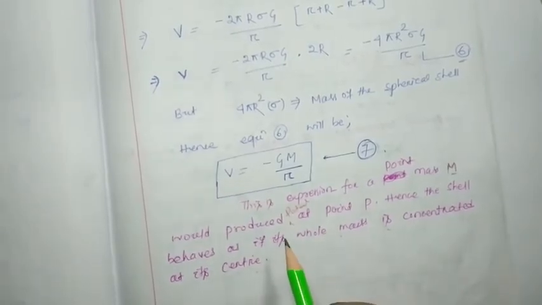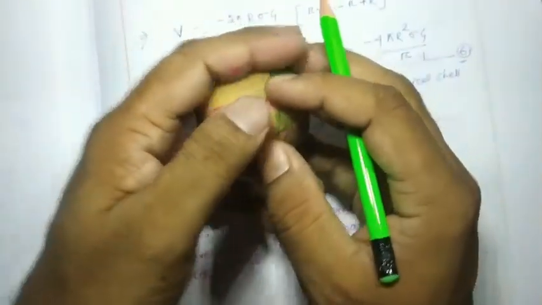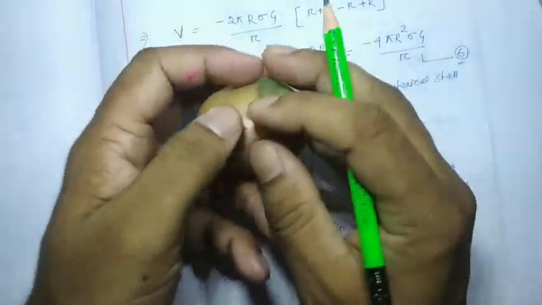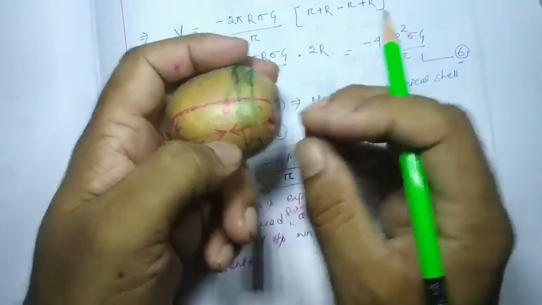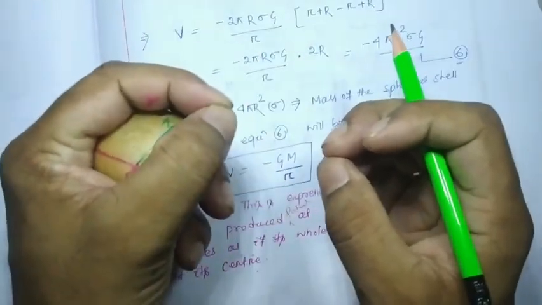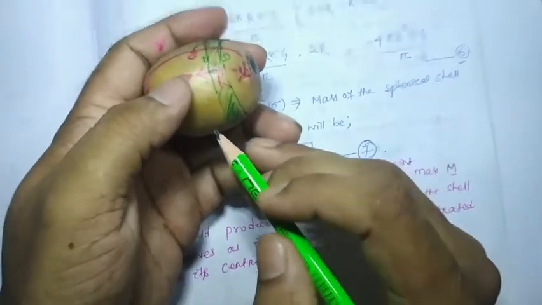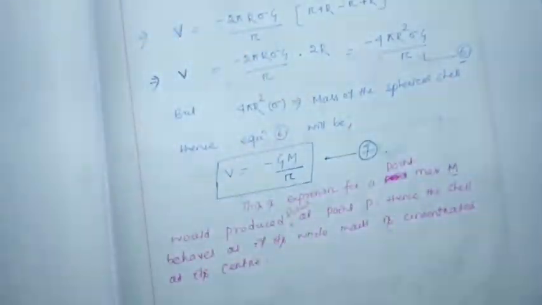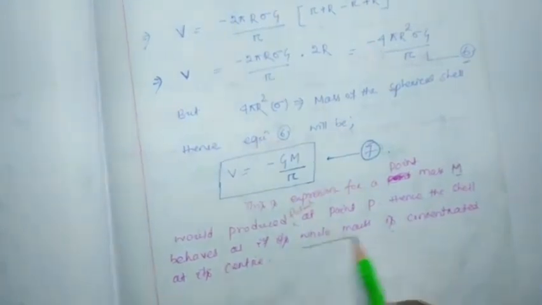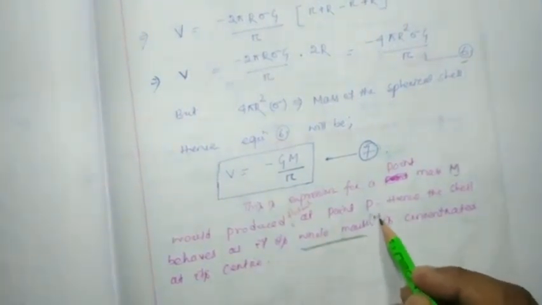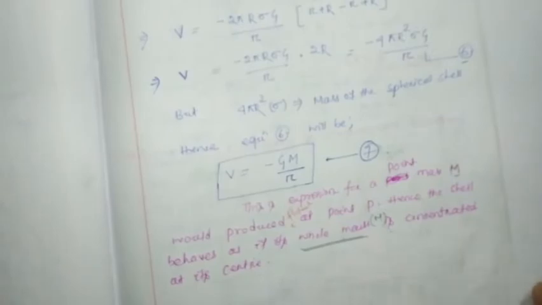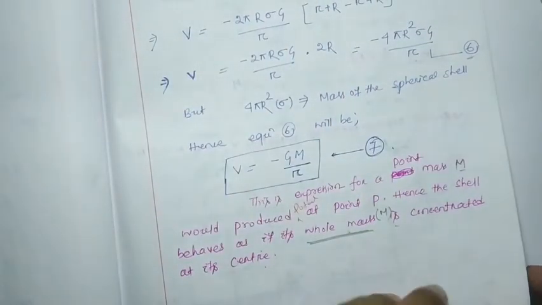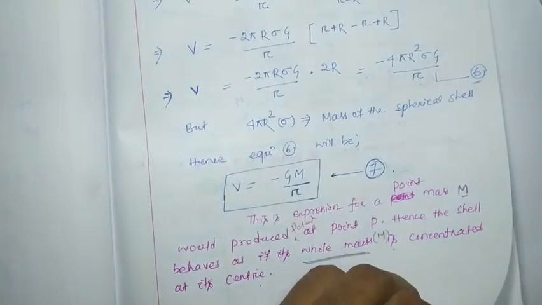That means whenever we consider a spherical shell and the potential at an outer point, the whole spherical shell acts as one point mass, whole mass capital M, concentrated at the center of mass. So this is your potential at a point outside the shell.